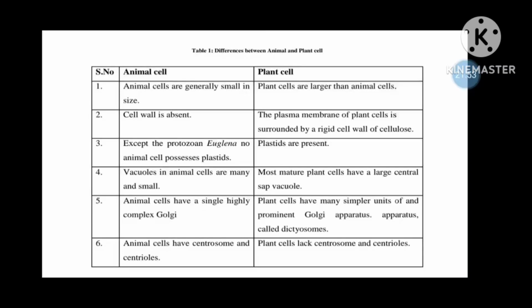Next, animal cells have a single highly complex Golgi. The plant cells have many simpler units and a prominent Golgi complex apparatus that is called dictyosome. It means in the plant cell the dictyosome is present and large, but such dictyosomes are not present in the animal cell.